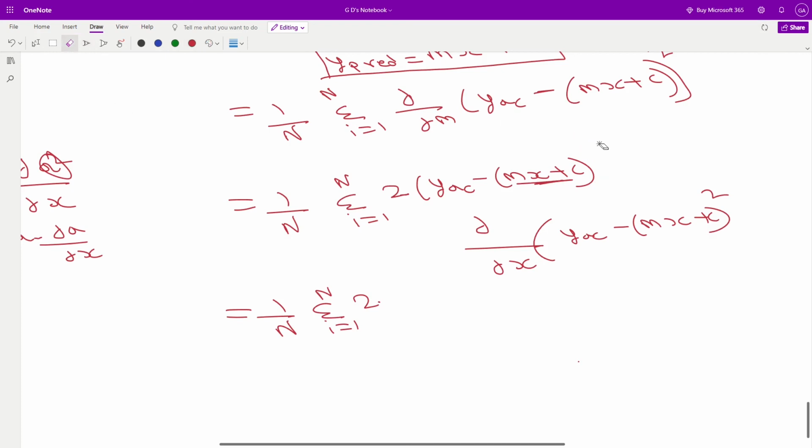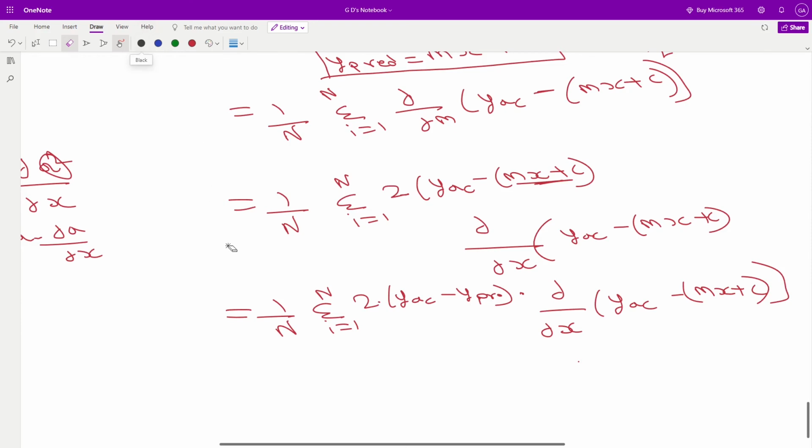Ultimately I can say 2 into (y actual minus y pred), into dou by dou x of (y actual minus (mx plus c)). Again, there is no square here; you can remove this square part because we have removed it.